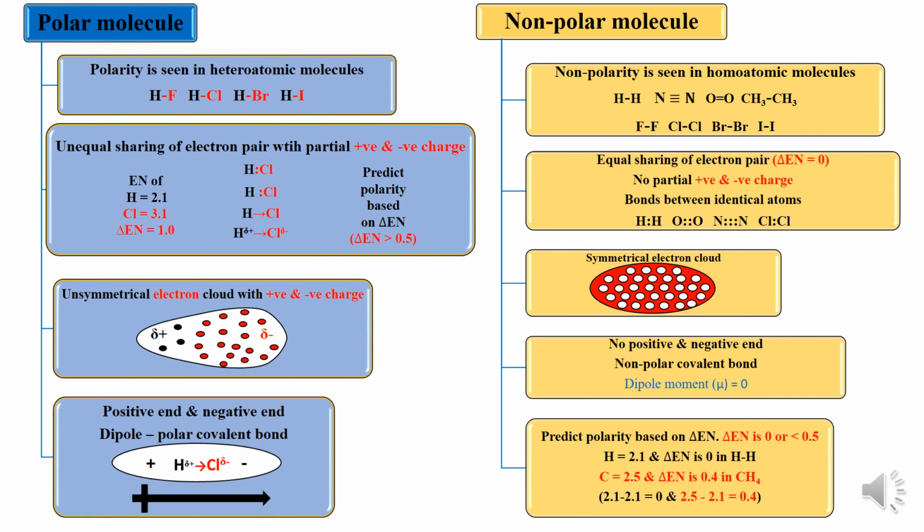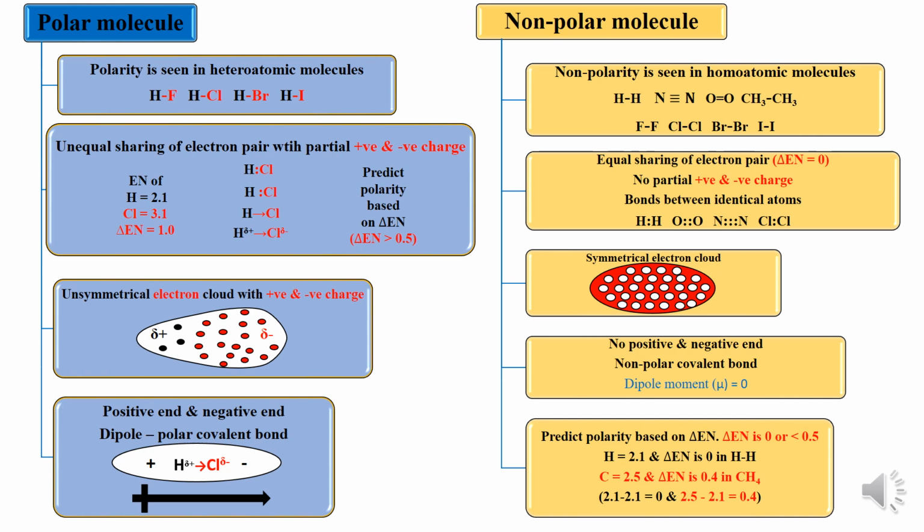Electronegativity value of hydrogen is 2.1 and carbon is 2.5. So what is the electronegativity difference? The electronegativity difference between carbon and hydrogen is 0.4, which is less than 0.5. And therefore, though the alkane molecule is constituted by two different atoms, because of the small difference in electronegativity, it is non-polar in nature.